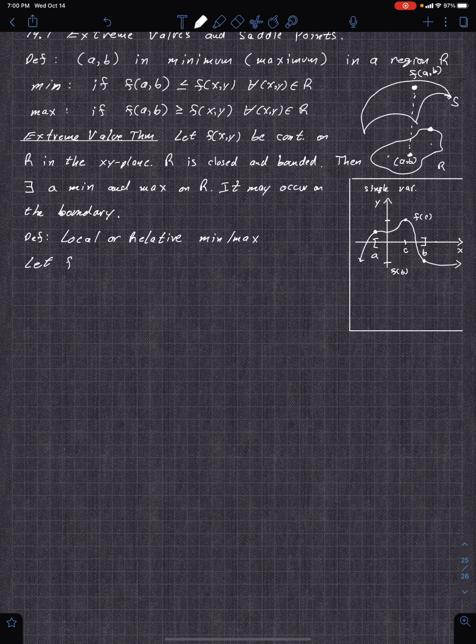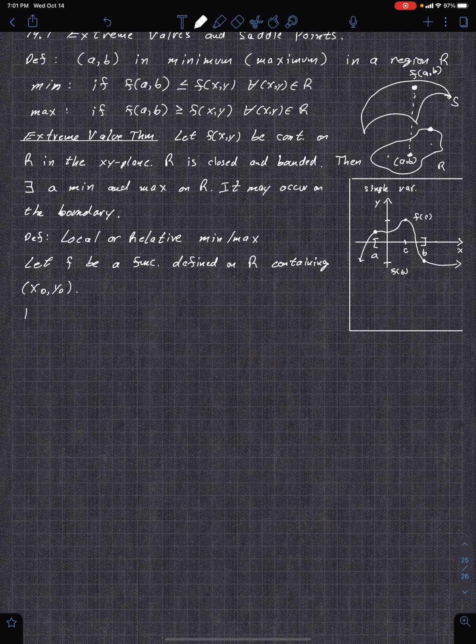So let f be a function defined on R containing the point x naught, y naught. Okay, then we'll just define the two cases.